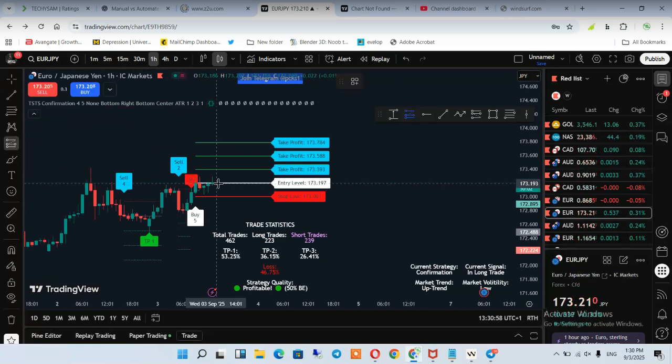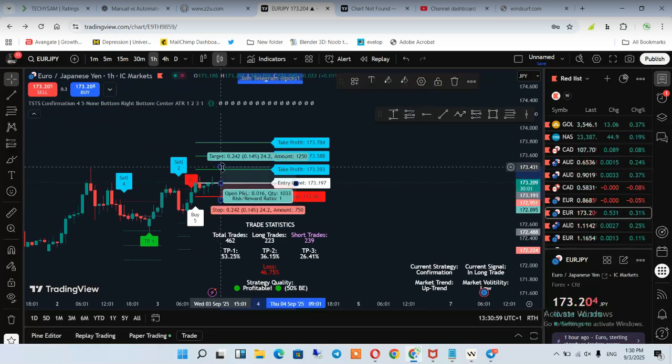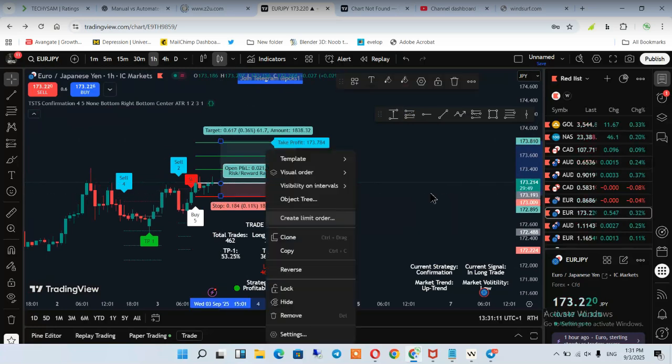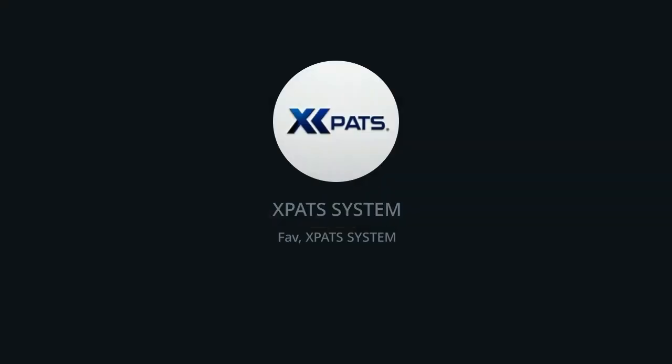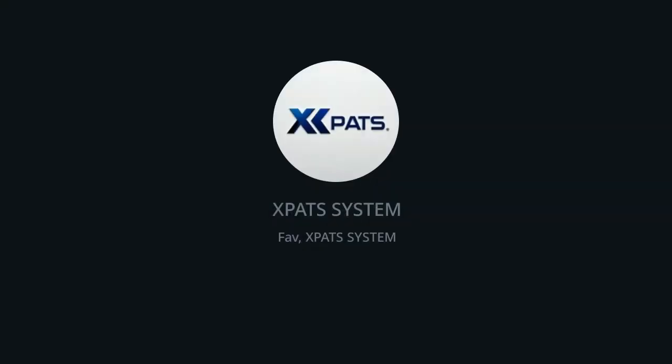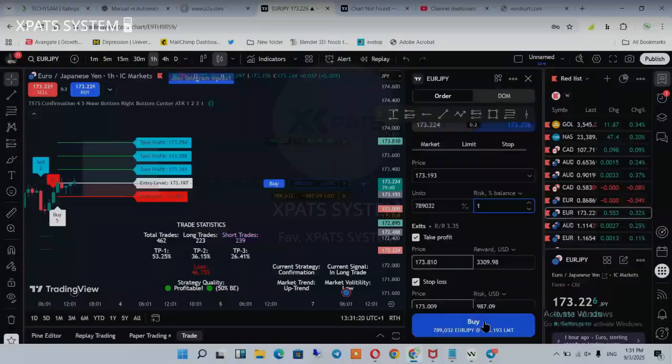My target is going to be the third TP as usual, which is 1 to 3 risk reward. I'm going to put it on my personal live account. I'm risking 1% per trade as usual.